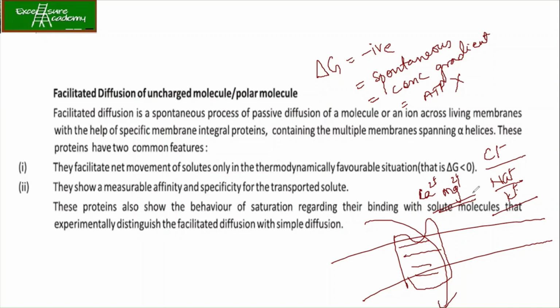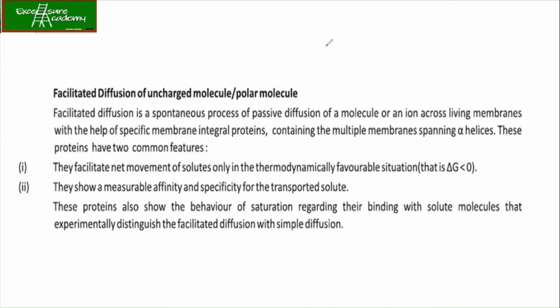Okay. Now these proteins also show the behavior of saturation regarding their binding with solute molecules that experimentally distinguish the facilitated diffusion from simple diffusion. तो ये sentence का मतलब क्या हो रहा है? So you must have studied in your enzyme kinetics that if you have got the enzyme, right? हर एक एंजाइम का अपना सबस्ट्रेट होता है, right?